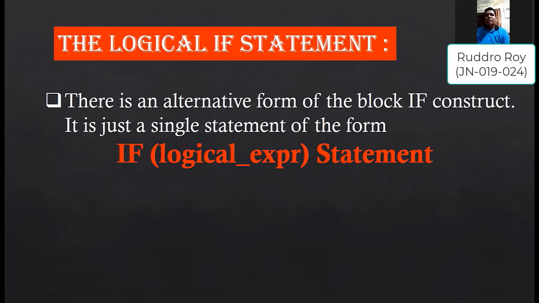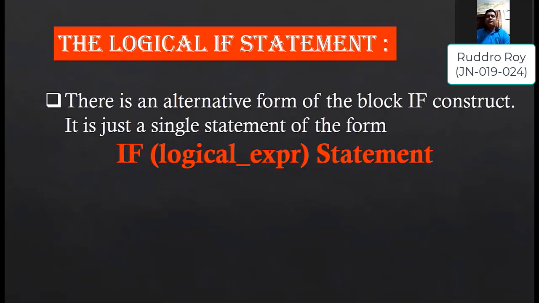Among these statements, I am going to discuss the logical if statement. There is an alternative form of the block if construct. It is just a single statement of the form if, logical expression, then statement. If the logical expression is true, then the program executes the statement and you will see the desired output.